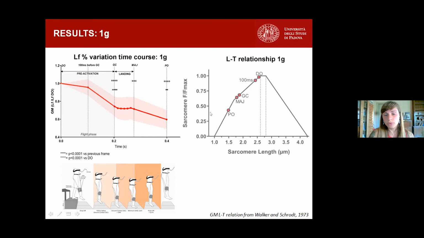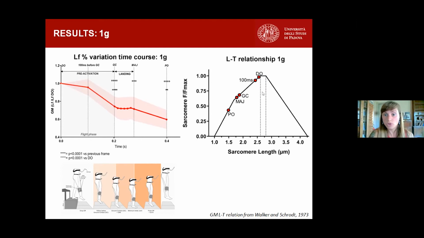When we superimpose the calculated sarcomere working length on the length-tension relationship, we observe that at drop-off, sarcomere length was very close to the plateau region of this relationship, so ideally the region where the sarcomeres can develop the highest amount of force, and shifted onto the ascending limb of the length-tension relationship during the jump, as previously shown also for other movements such as running or squat jumping.